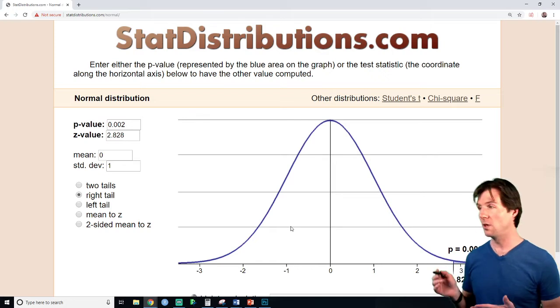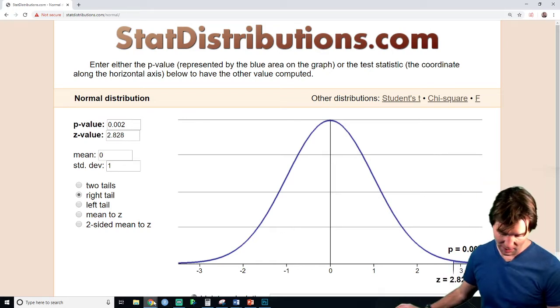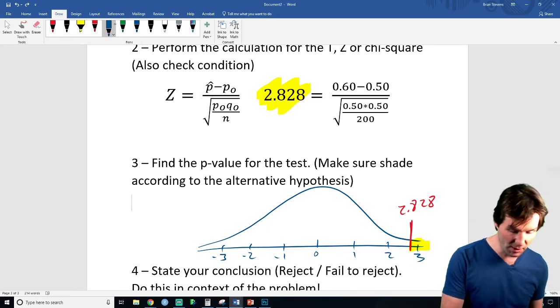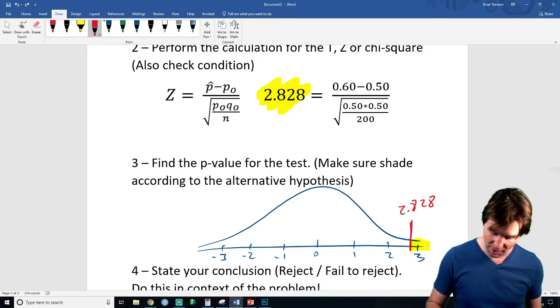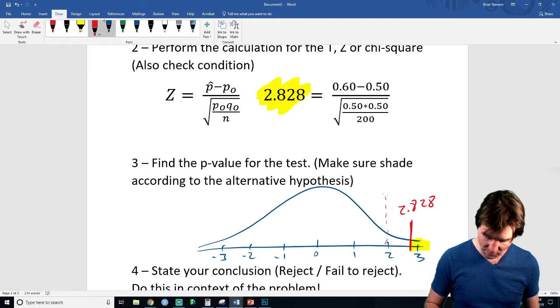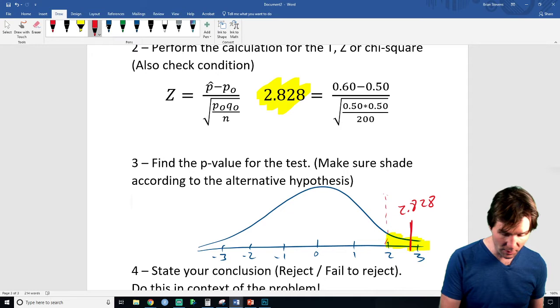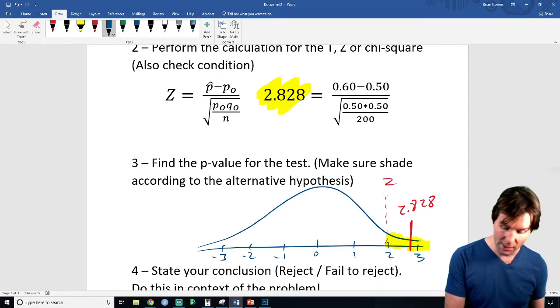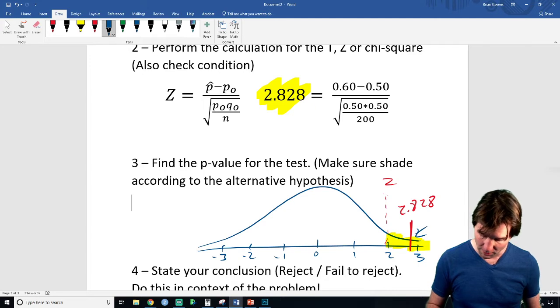If we're doing a right-tailed test, hypothetically, if you were to land right at 2 and you were to shade above 2, the p-value for that area would be about 0.025.